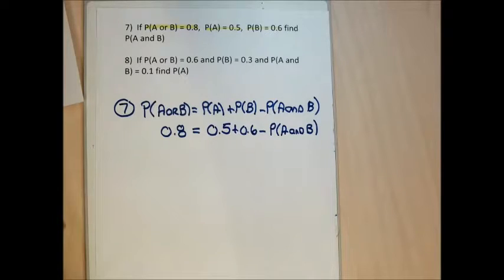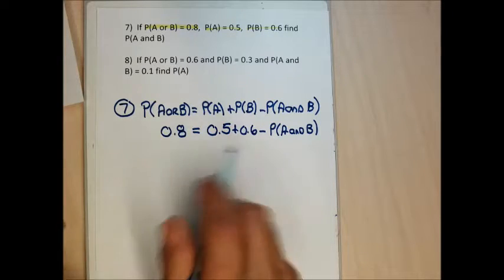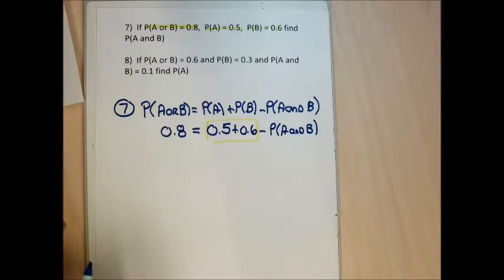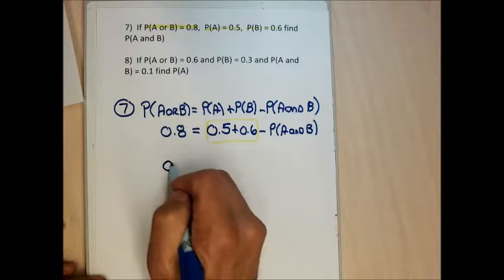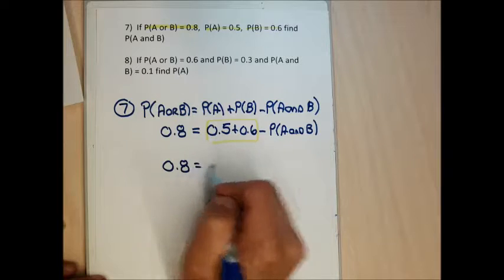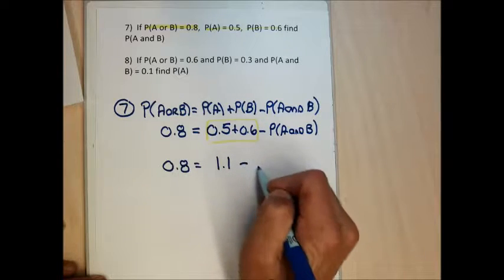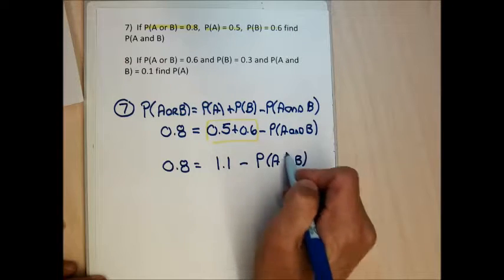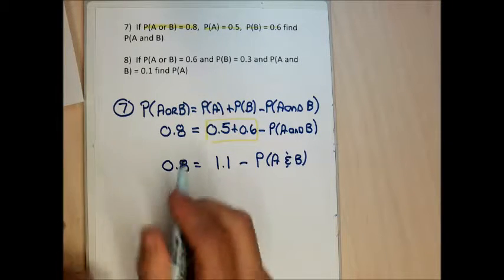It's kind of a messy one because of the minus in front of it. Let me combine these terms right here. 0.5 plus 0.6 is 1.1. So this gives me 0.8 equals 1.1 minus the probability of A and B. Let me subtract 1.1 from both sides.